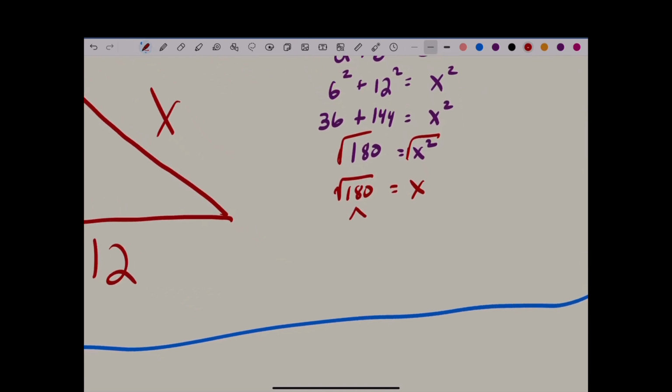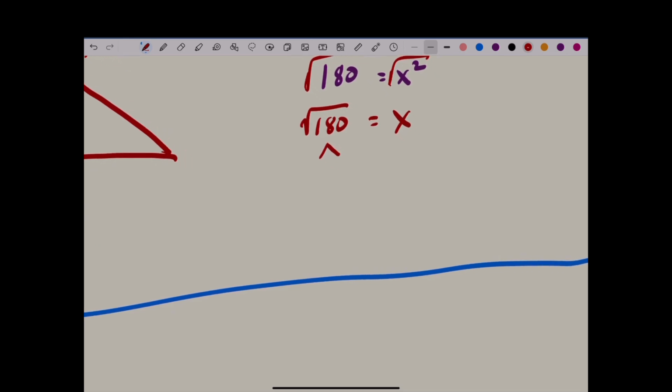In algebra, when you've seen something like the square root of 80 as a radical, you did the prime factorization tree, and you would break this down as 9 times 20, 3 times 3, 4 times 5, 4 times 4, 2 times 2.